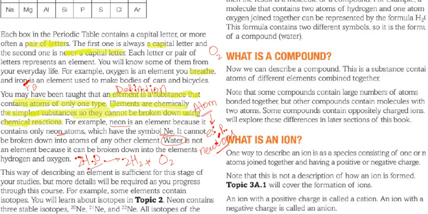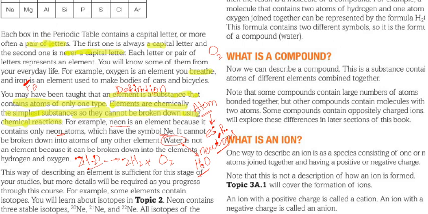Now you just observe here that H2O is the formula of water. So it has 2 atoms of hydrogen and 1 of oxygen. So it cannot be an element because it has 2 different types of atoms, 2 of hydrogen and 1 of oxygen. So here the atoms are combined with each other to form a molecule, and this molecule is known as water. Is it okay?